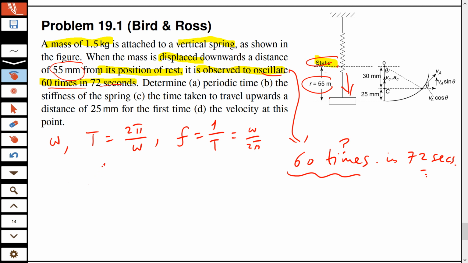Okay, so if I divide 60 times का कोई यूनिट नहीं है, ठीक है, 60 बेसिकली टाइम्स को मैं लिख सकता हूँ 60 साइकिल्स. 60 साइकिल्स को मैं अगर लिख दूं कि ये 60 साइकिल्स कितने टाइम में हो रहे हैं, 72 seconds में हो रहे हैं. So this will give me the frequency.